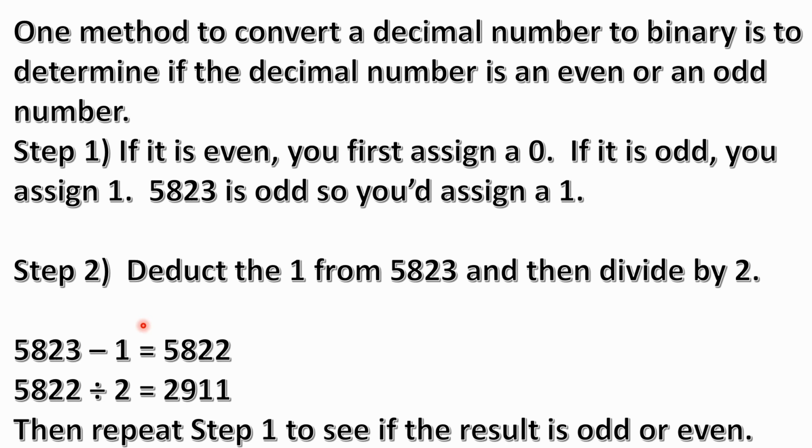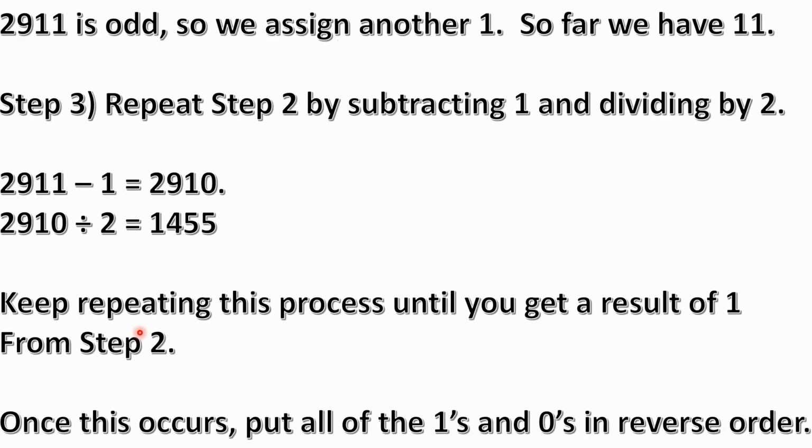Then you go back and repeat step 1 to see if that result is odd or even. 2,911 is odd, so we assign another 1. So far we have 1, 1 written off to the side. Step 3 is to repeat step 2 by subtracting 1 and dividing by 2.